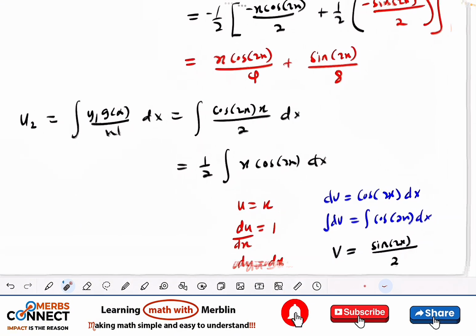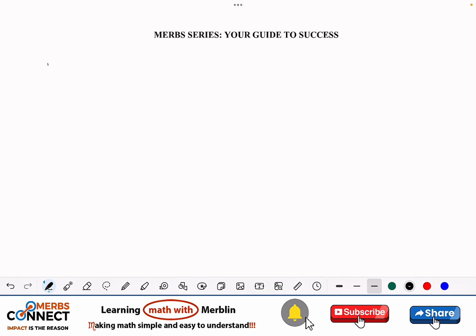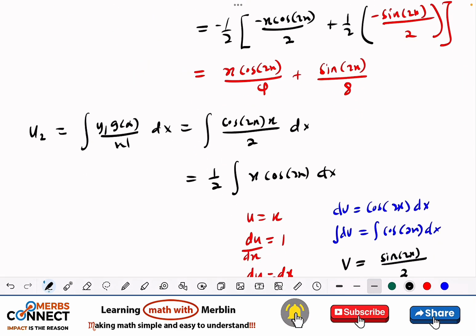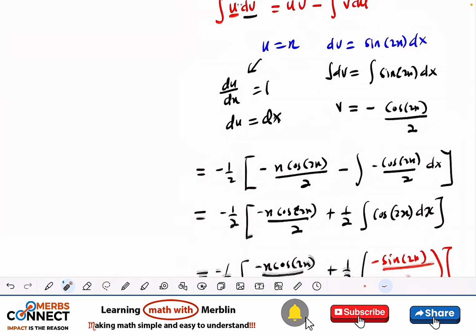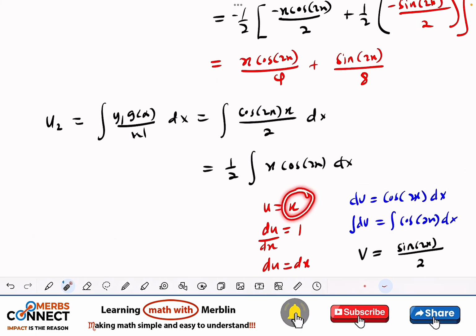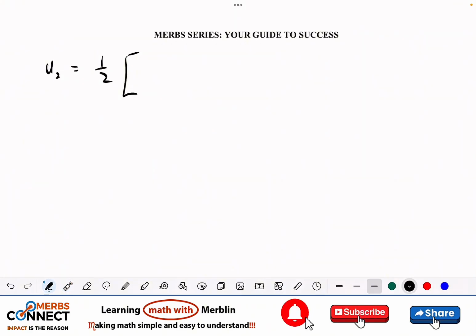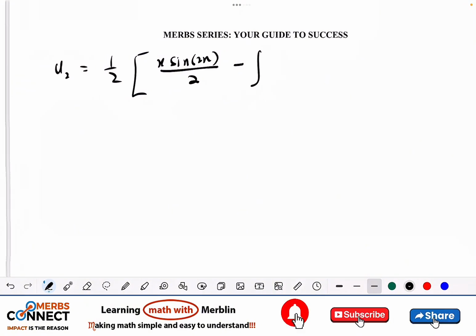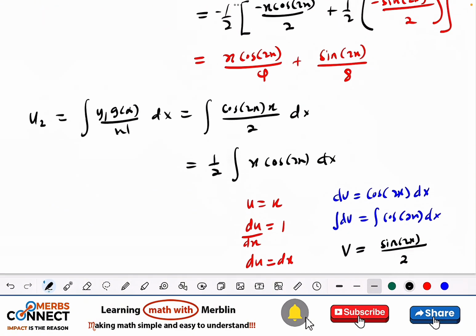So this is going to give us, v is going to give us 1 over 2 in parentheses. So integration by parts, u times v. So u times v, we are going to have x sine 2x divided by 2 minus integration of v times du.